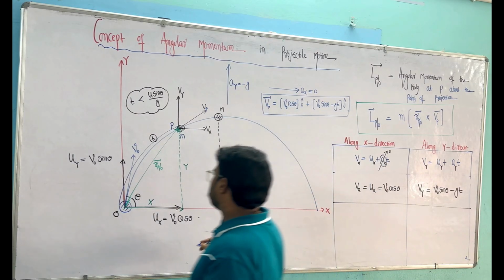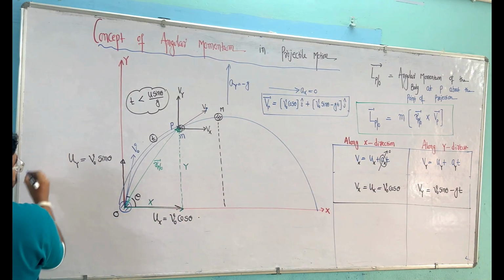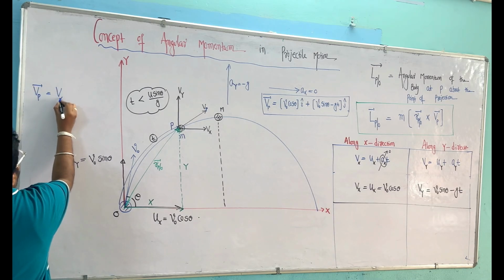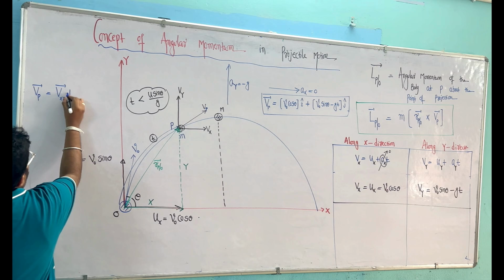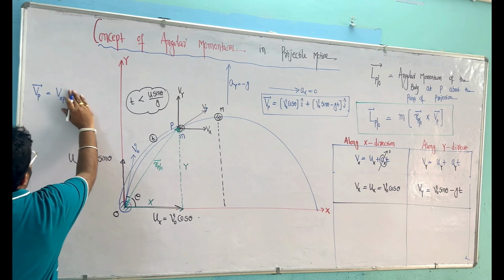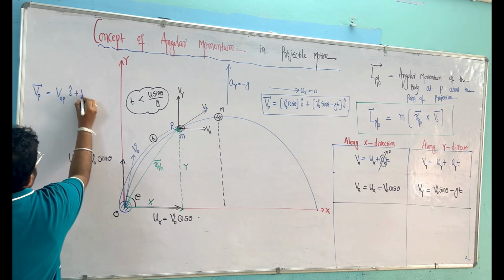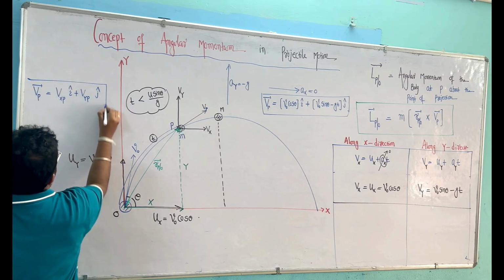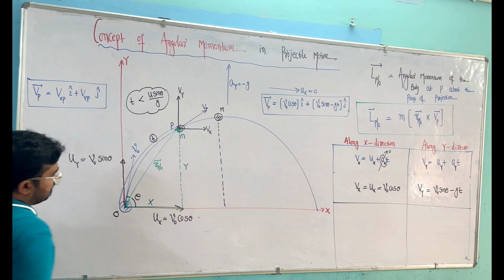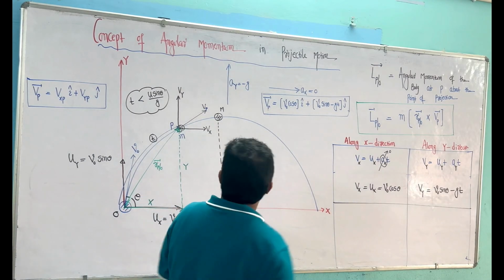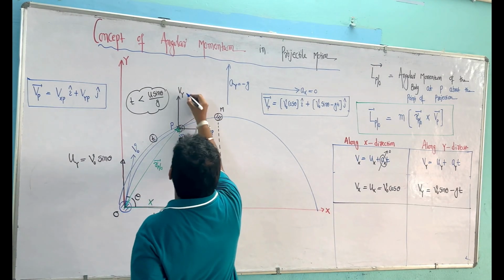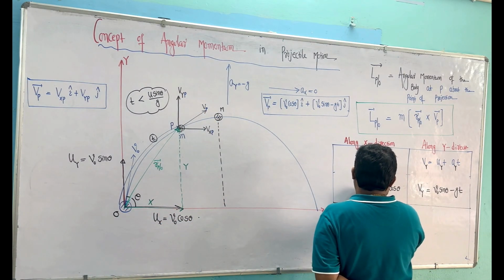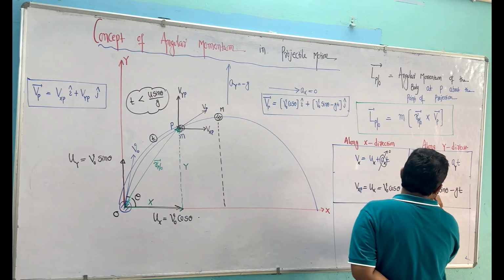So Vp bar is equal to Vxp i cap plus Vyp j cap. This is xp, this is yp.